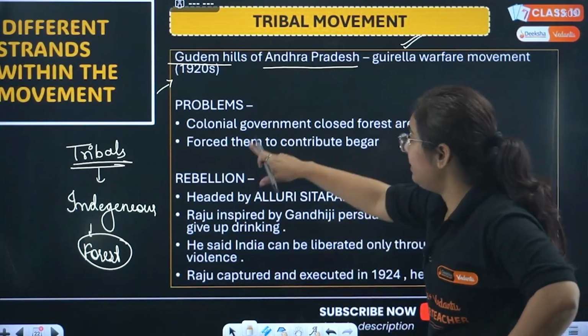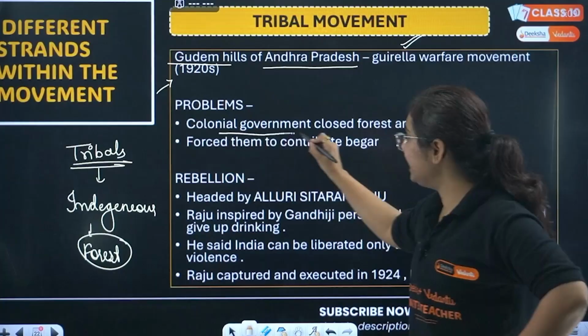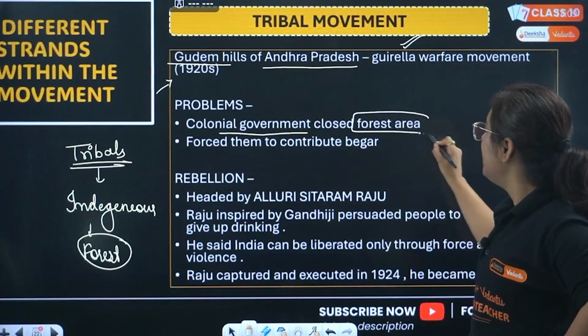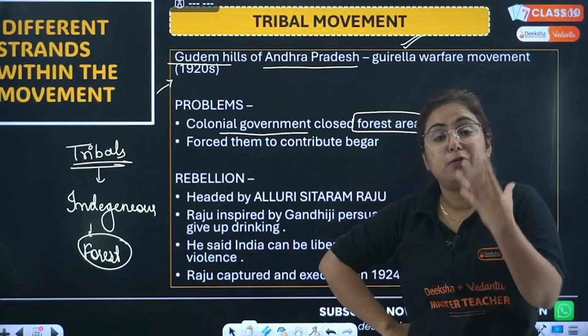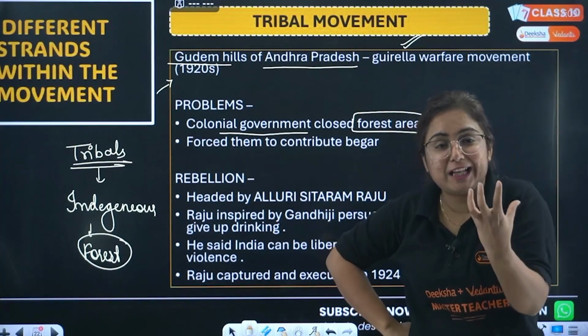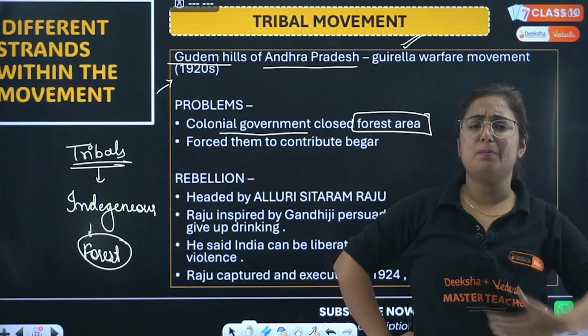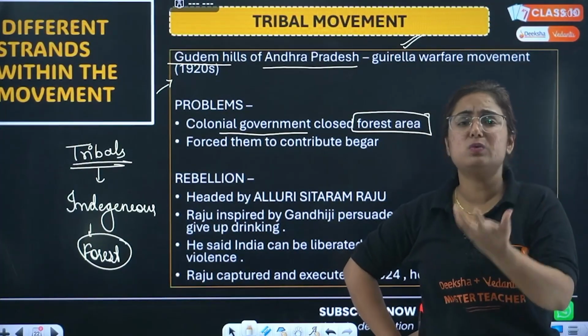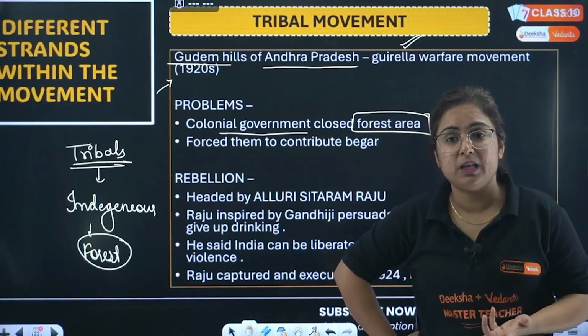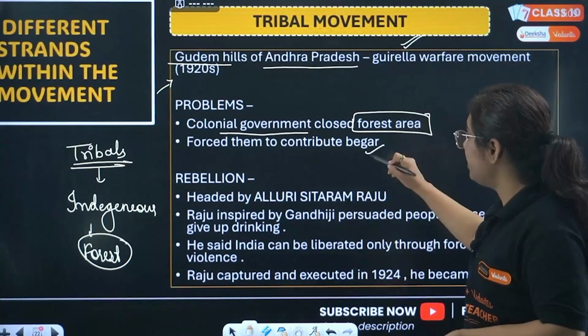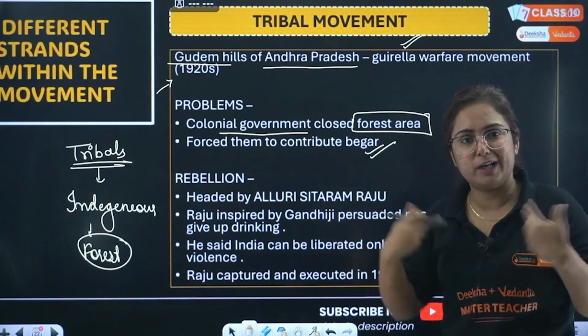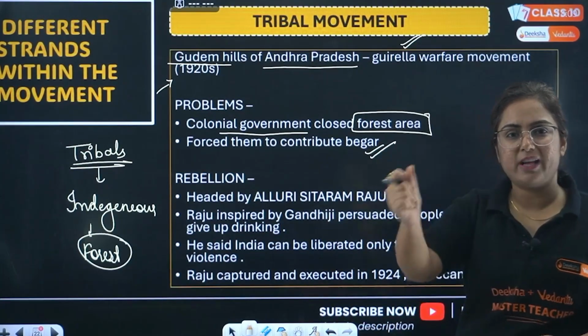The colonial government closed for them the forest area which was their lifeline. They were getting forest extract, selling it in the market, earning their livelihood and using the products in their day-to-day life. They were even asked to contribute begar, and they said, my freedom is being taken. Let's do the rebellion.